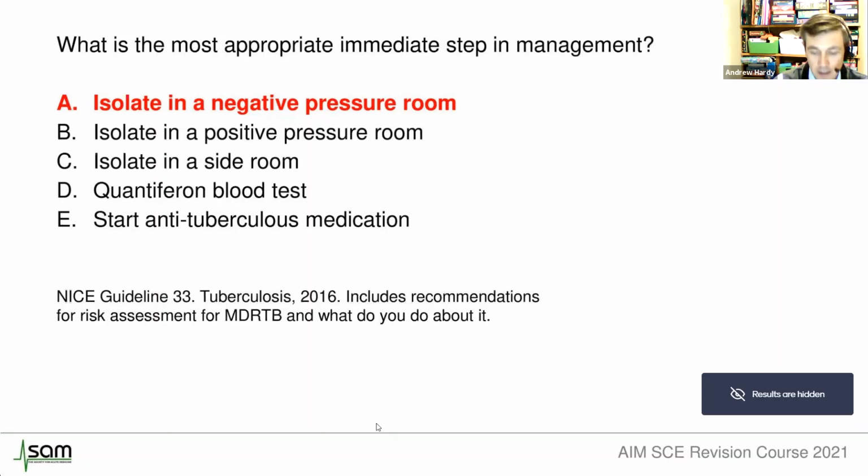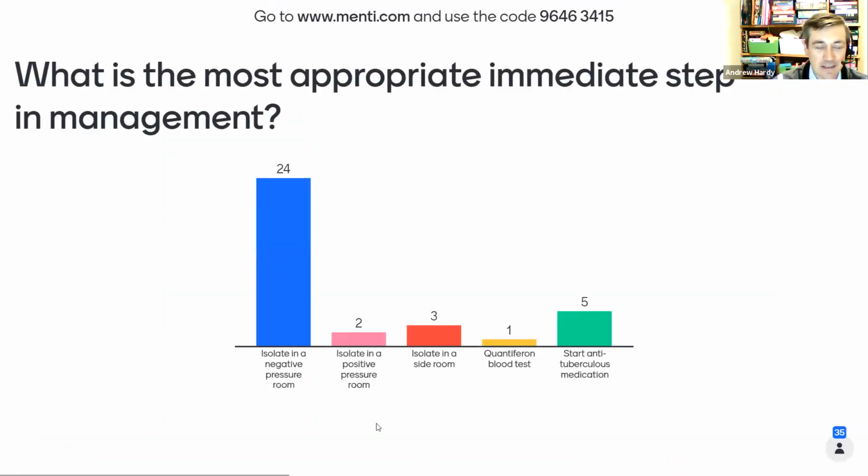If it's a positive pressure room, that will be blowing the organism out of the room into the rest of the ward, which probably isn't a brilliant idea. Quantiferon is a sort of antigen test for TB, so it's not useful in diagnosing active TB. We use it to generally screen for latent TB in new arrivals to the country.